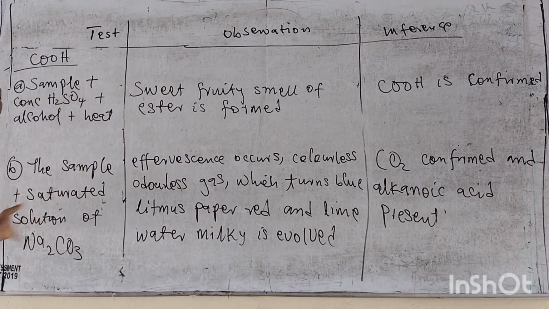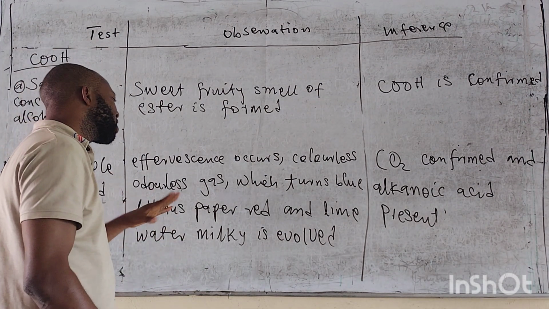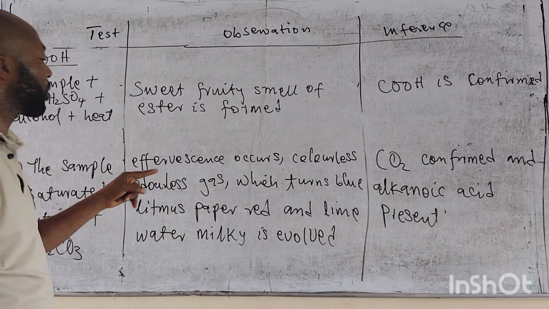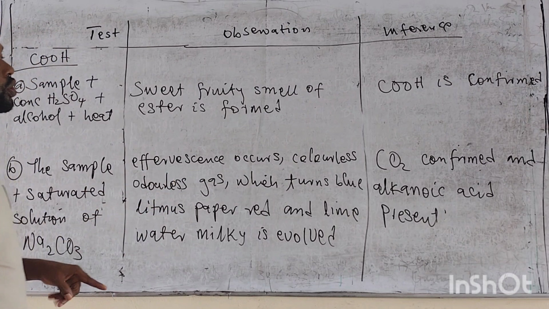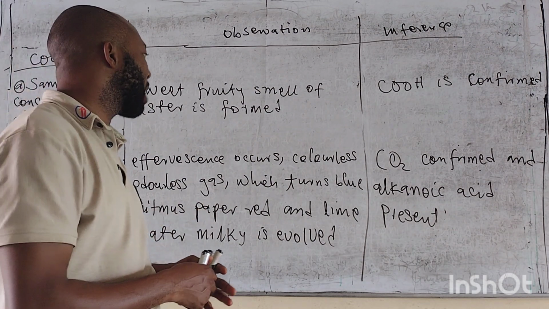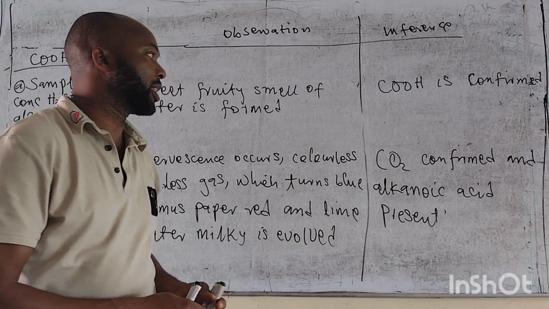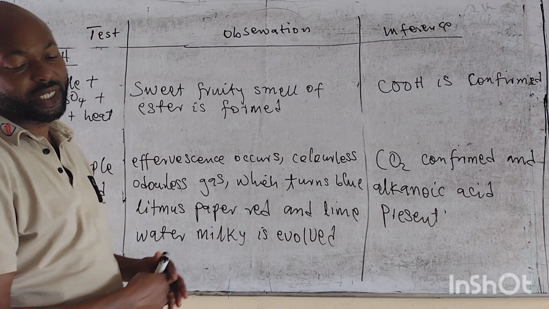Now the sample plus saturated solution of sodium trioxocarbonate(IV): effervescence occurs, a colorless, odorless gas which turns blue litmus paper red, and lime water milky, is evolved. CO2 is confirmed, because CO2 almost in all cases turns lime water milky, and as such carboxylic or alkanoic acid is present.